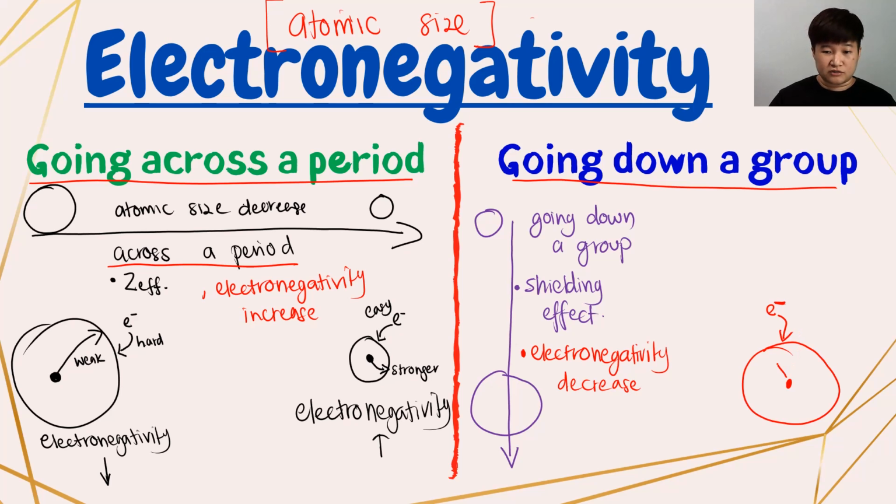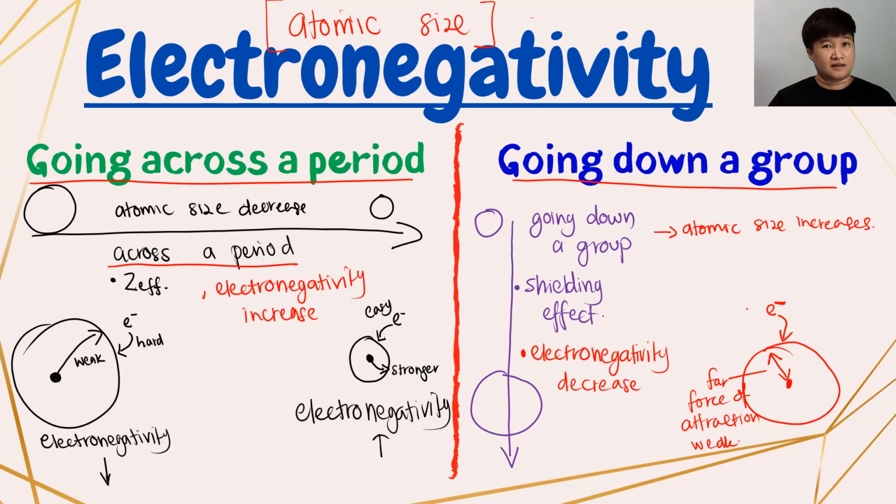Why? Because the distance is very far. When the distance is very far, the force of attraction is very weak. So when the force of attraction is very weak, it's very hard for the nucleus to pull the electron to go in. Therefore, the electronegativity decreases when you go down a group because the size increases. Alright, is that clear? Simple.